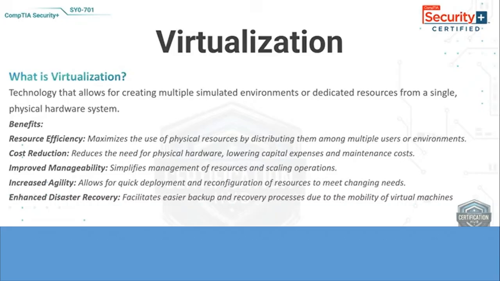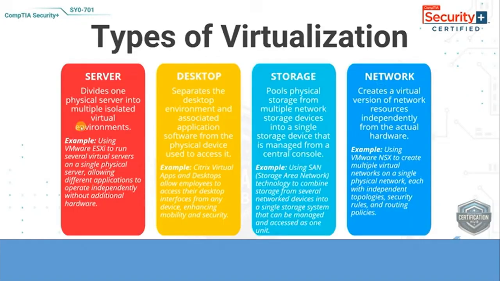It is nothing more than a technology that allows creating multiple simulated environments or dedicated resources from a single physical hardware system. In this we have multiple benefits: resource efficiency, cost reduction, improved management, increased availability, and enhanced disaster recovery. In this you will find types of virtualization: server virtualization, desktop, storage, and network.